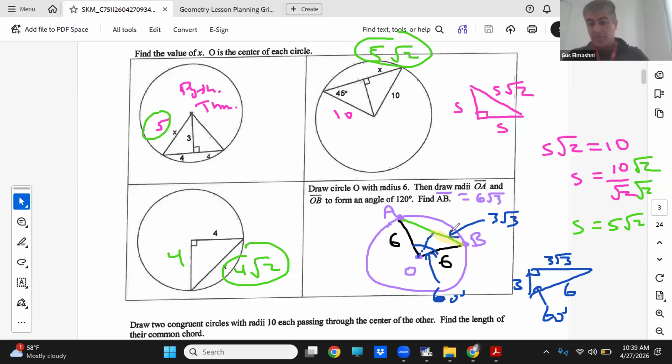Because what's happening is that you have a 30-60-90 triangle where the dashed blue line is 3. That's opposite, because this is 30 degrees right here. So that's 3. And of course you have 6 as hypotenuse, so you have 3√3 for the other leg.